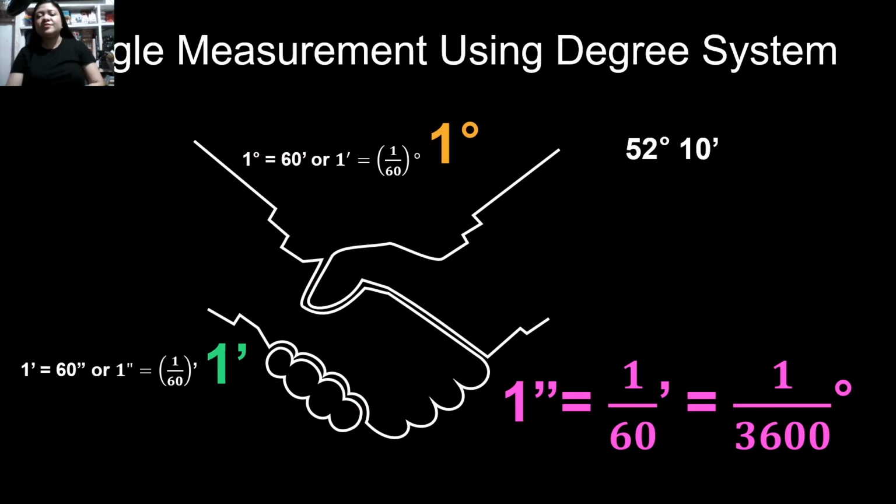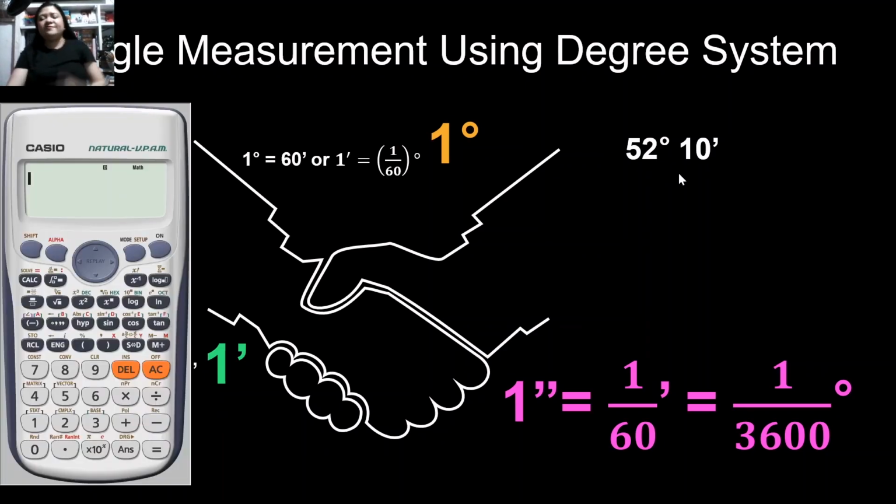Okay, let us convert 52 degrees and 10 minutes to decimal. So for this, we can use our calculator. We can rewrite 52 degrees and 10 minutes in decimal form by adding 52 and 10 over 60. Why 10 over 60?